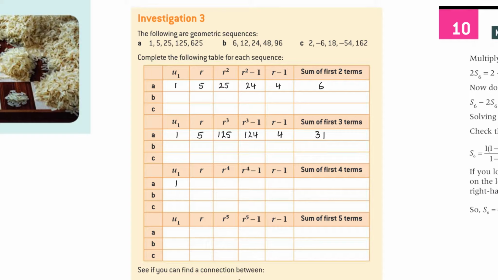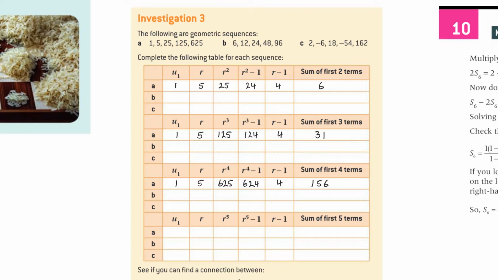And here we got 1, R is 5. To the 4th is 5 times that, so that's 625. 625 minus 1 is 624. And this is still 4. Sum of the first 4 terms is going to be 31 plus 125, and that's 156.